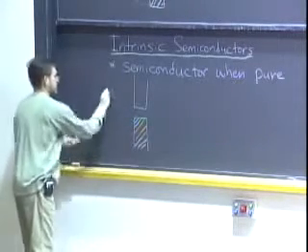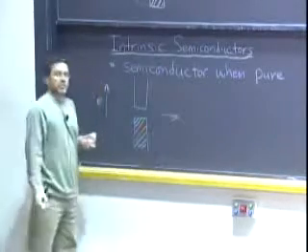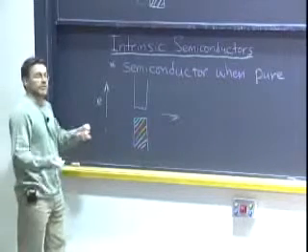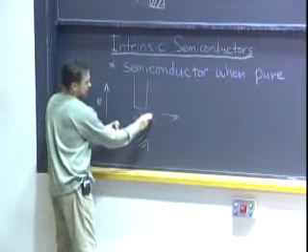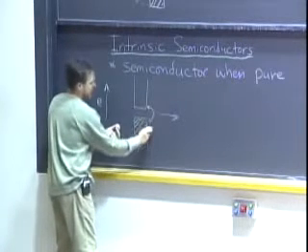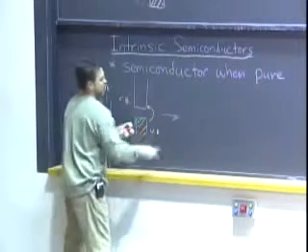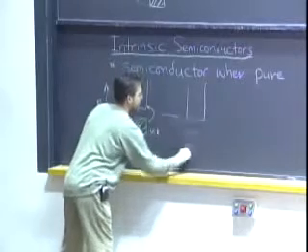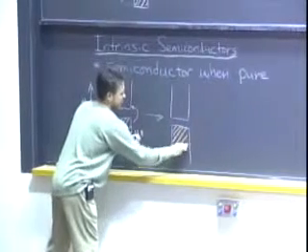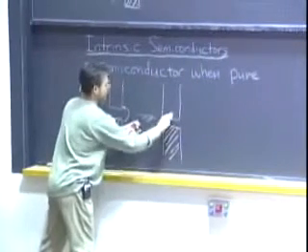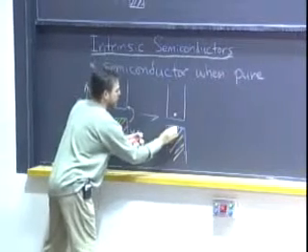Here's our energy axis, and what can happen is that either thermally or upon absorption of light energy, we can have promotion of an electron from the valence band into the conduction band. And so I'll draw that new situation over here. In other words, we may have thermal population of our conduction band, and we generate accordingly a hole.